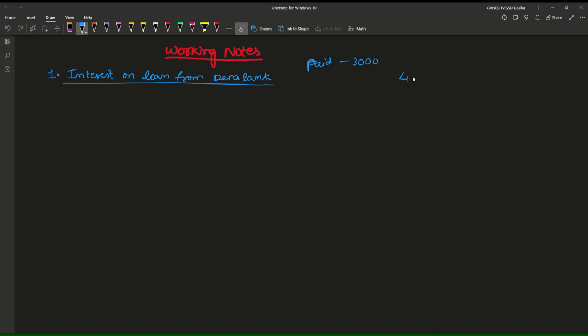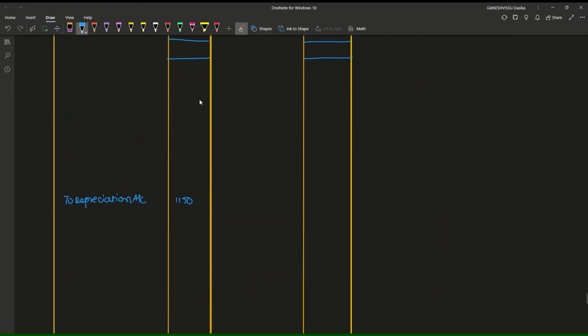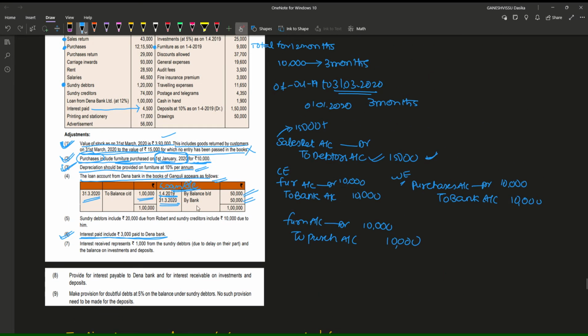So the overall expenditure for interest is 4,500, in which rupees 3,000 is interest paid on the Dena Bank loan, right? But what is the total interest to be charged for the first loan? They have taken the loan at the end of the year for 50,000, for which no interest can be charged. This interest can be charged in the next year, that is on 31st March 2021.